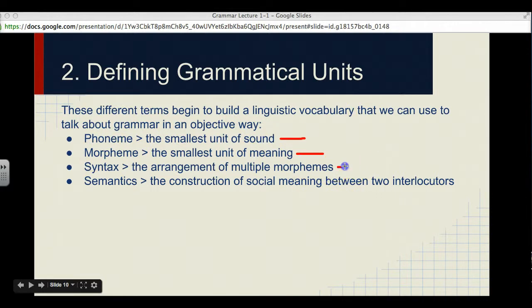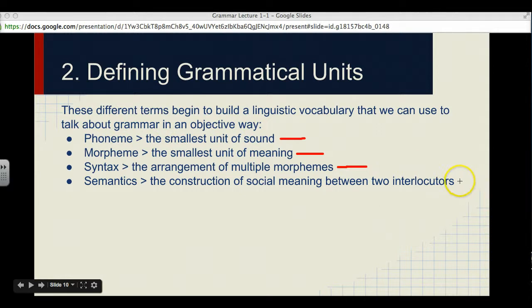Now, syntax describes the arrangement of multiple morphemes. When I build a sentence and say, the man went to the store, I'm using English syntax to combine different morphemes into a logical order that makes sense to you and that a listener can interpret and get information from. That's what syntax is going to talk about.